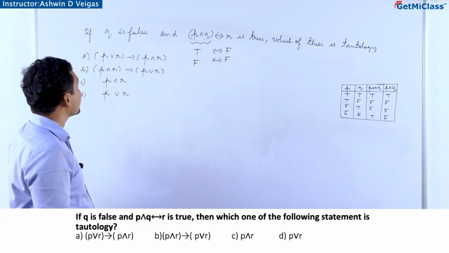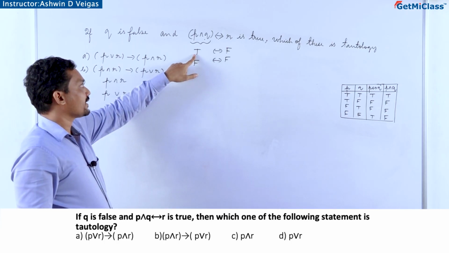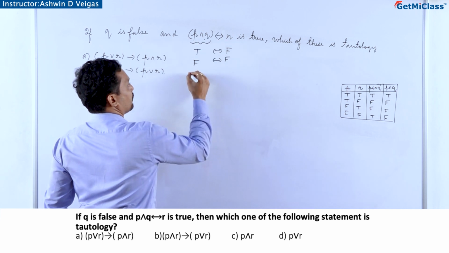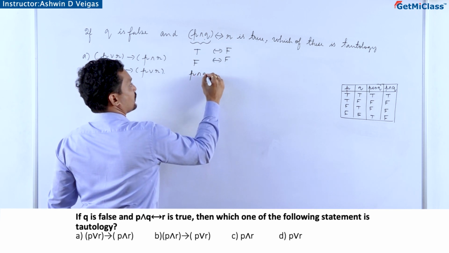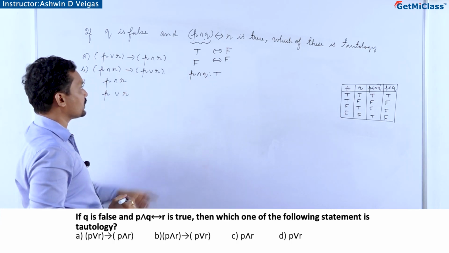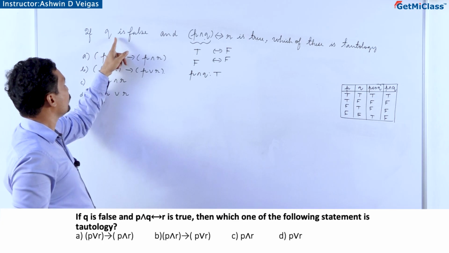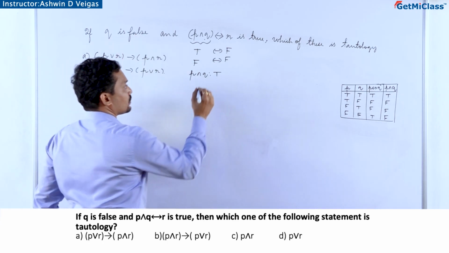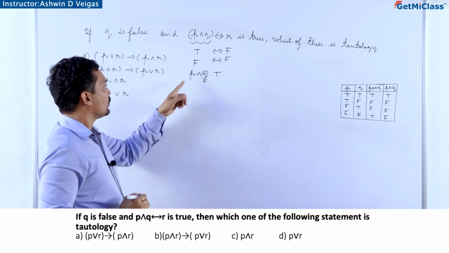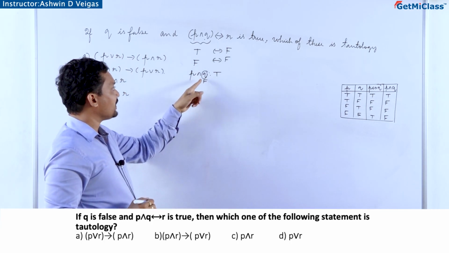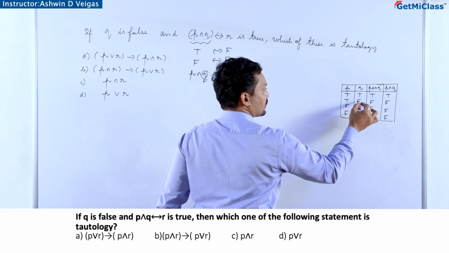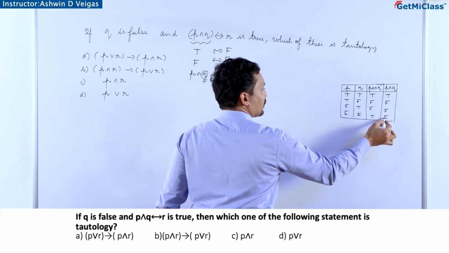Now, we can see that this case cannot happen, because if you take P and Q as true, suppose you take this case, then this is not possible because Q is already given as false. If the and is false, then the answer will be false.